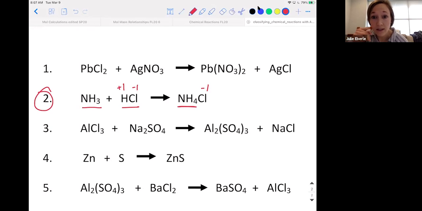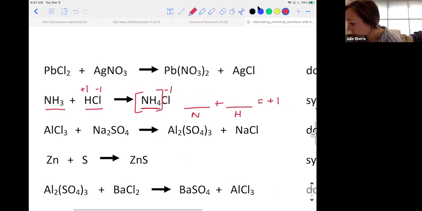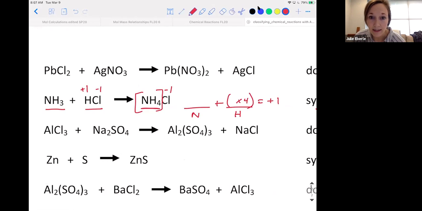So what that means is the sum of the oxidation numbers just within nitrogen and hydrogen, they have to add up this time to a +1 and not a 0 because it's a polyatomic with a charge on it. Okay, so I know the oxidation number on nitrogen plus the sum of the oxidation numbers on the hydrogens have to add up to +1. This is for ammonium, all right? And for hydrogen, it's going to be the oxidation number times 4, because there's 4 hydrogens within that, all right?